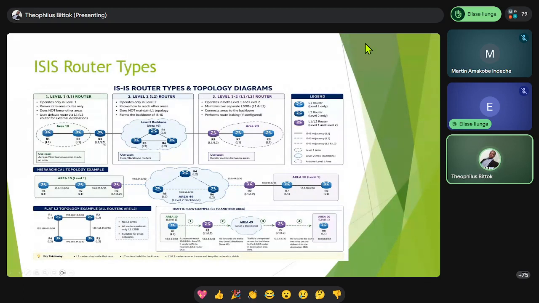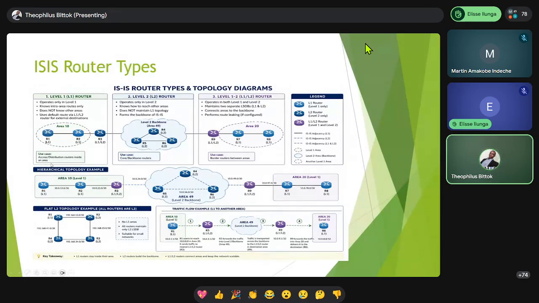So now we have a situation whereby R3 is sending an overload bit telling R2 do not use me as a transit, and it's also sending an attached bit to R2. The attached bit basically is the default route to the other areas.